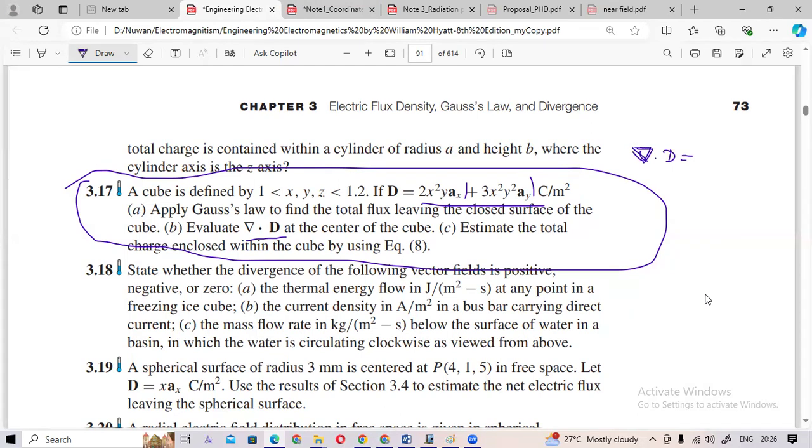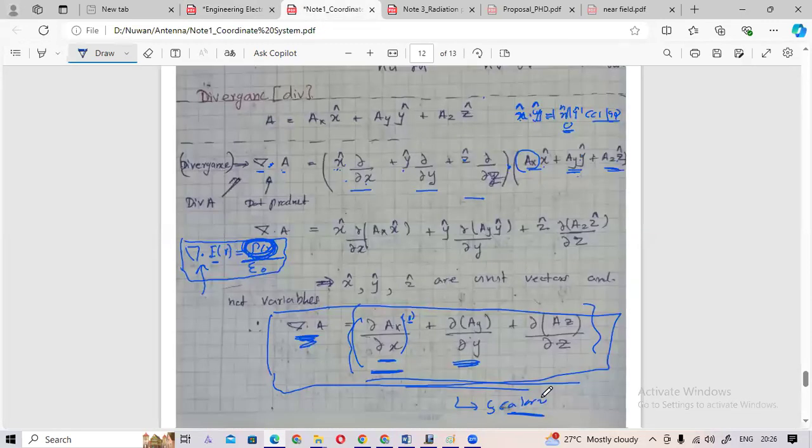So you will have the derivative of 2x squared y with respect to x, plus the derivative of 3xy squared with respect to y. So this is the answer, very easy. Note this one.